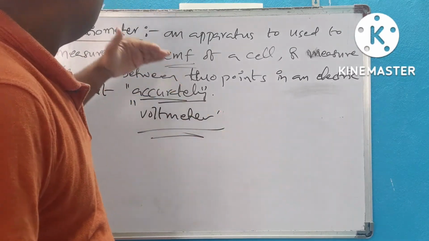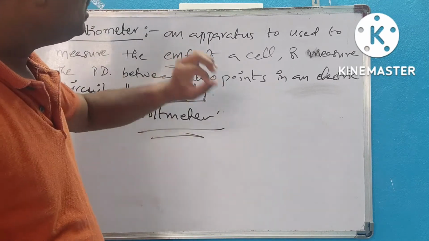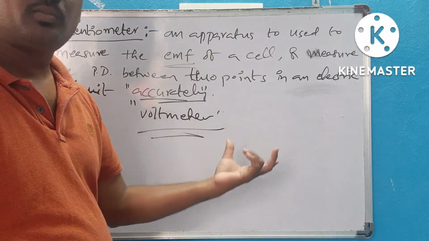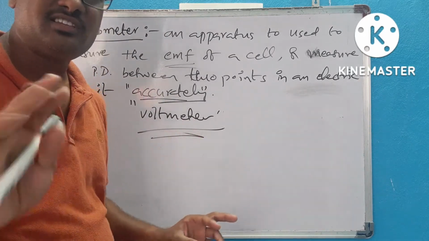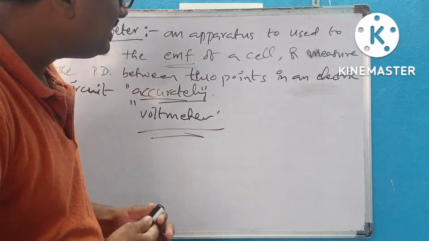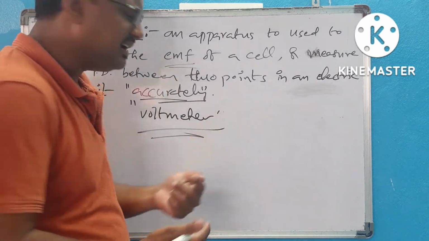The potentiometer measures the EMF or potential difference accurately, but a voltmeter doesn't measure the potential difference accurately. Why? I will explain with a small example.